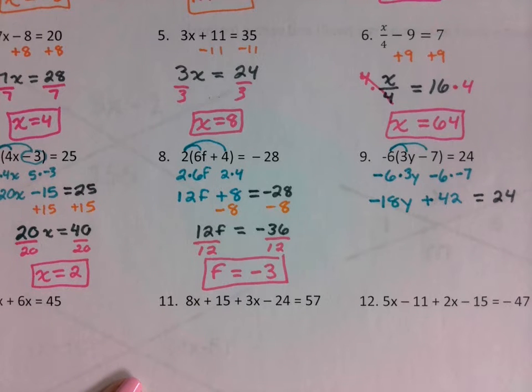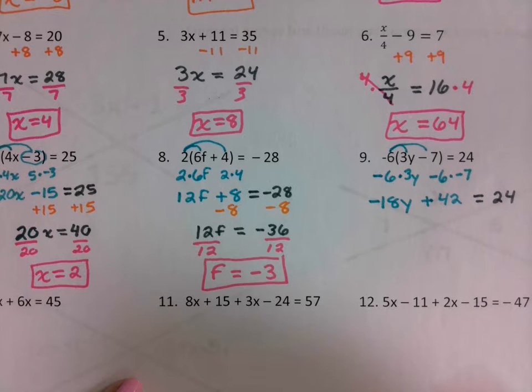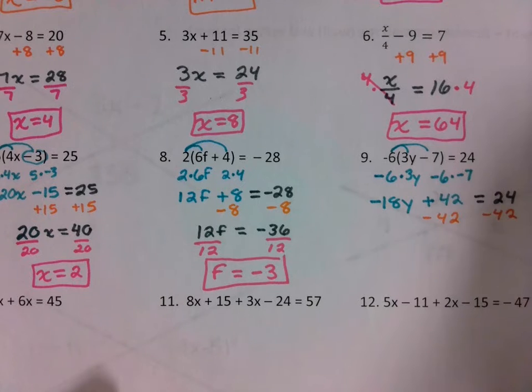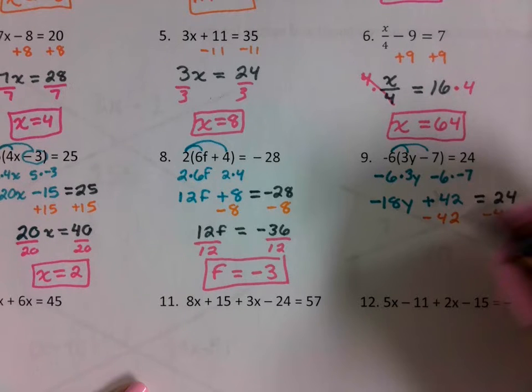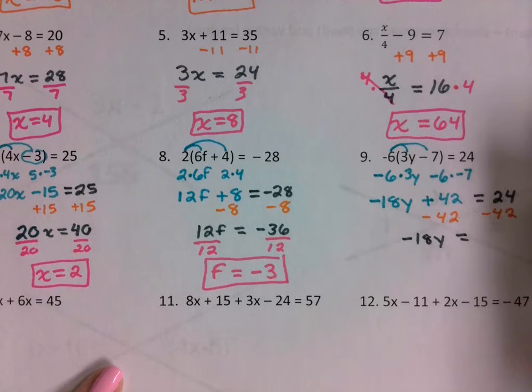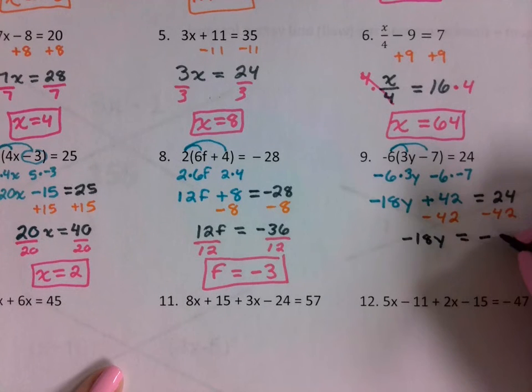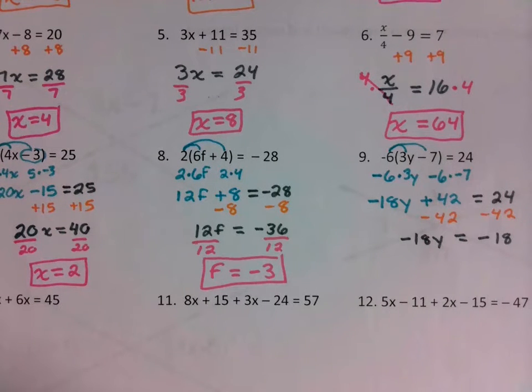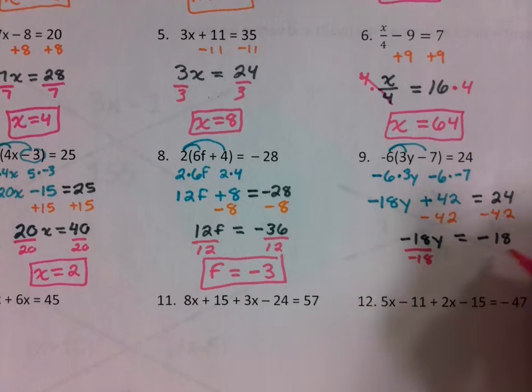You would then go ahead and subtract the 42 from both sides. That's going to give you a negative 18y is now equal to a negative 18. You would then divide both sides by negative 18. And you get that y is equal to a positive 1.